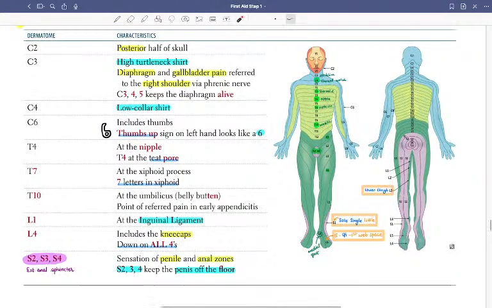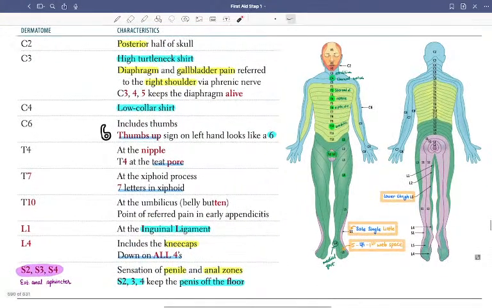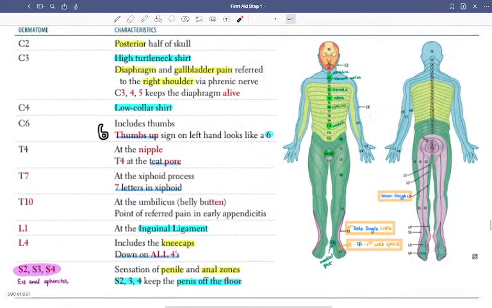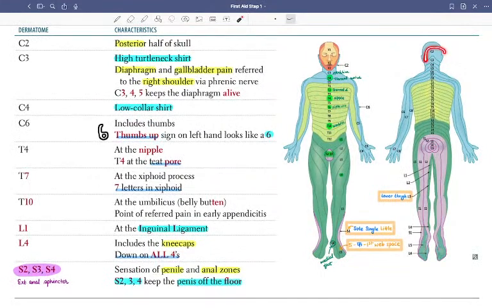Now C2, C3. C2 is the posterior half of the skull. C3 means high turtleneck shirt, so you have C3, C4, C5 for the diaphragm. Diaphragm and gallbladder pain are referred by the phrenic nerve. C4 is a low collar shirt.